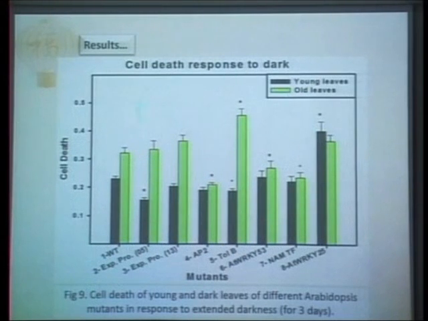Similarly, on treating the mutants with extended darkness, we measure the level of cell death, which is the final consequence of the senescence process. We found this expressed protein with lower level of cell death, and so does the AP2 transcription factors, younger leaves of TOL-B protein related, ROCK53, and non-transcription factor.